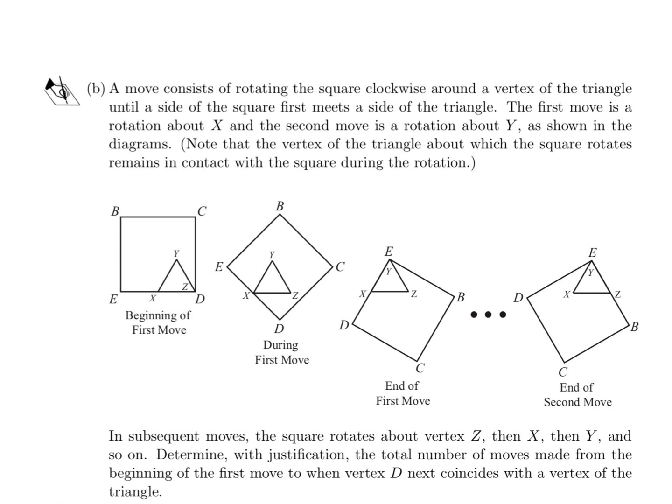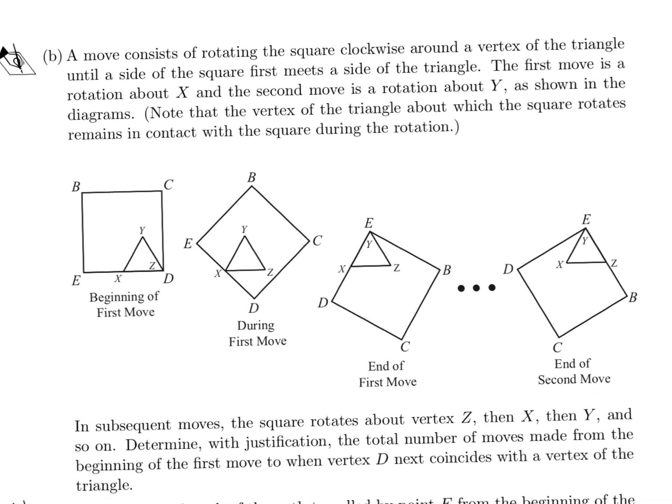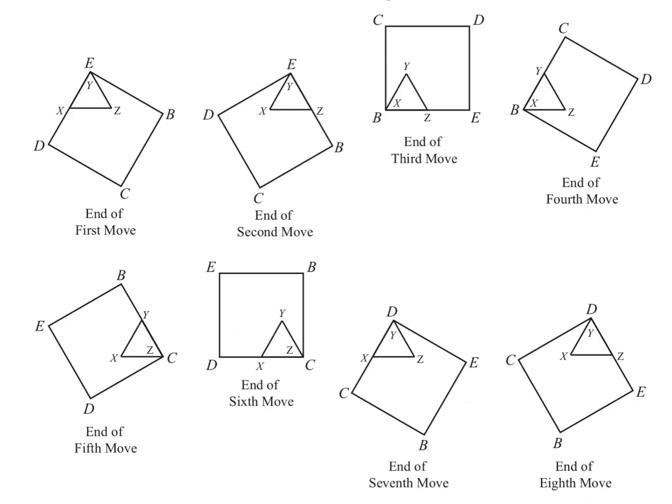Determine with justification the total number of moves made from the beginning of the first move to when vertex D next coincides with the vertex of a triangle. So we want vertex D to coincide with a vertex of the triangle. It doesn't matter which vertex, just any vertex.